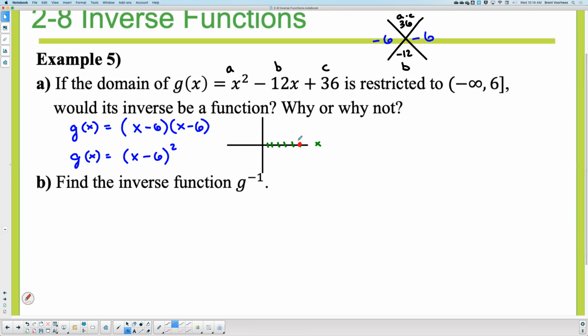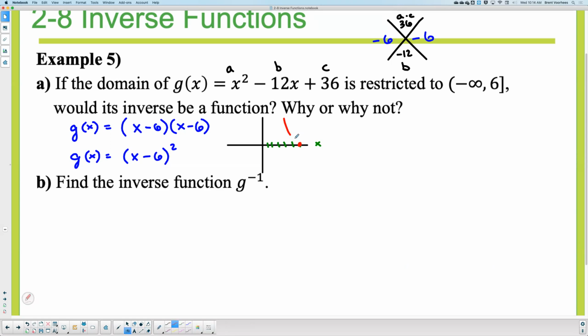That's at 0, and it's going to have multiplicity there, which means it doesn't go through the x-axis. It's going to bounce off of it. So this is a positive parabola. So the parabola should come in and go up, but there's a restriction. Which way am I restricting it to? The left side or the right side? I only want the left side. So draw in a left parabola.